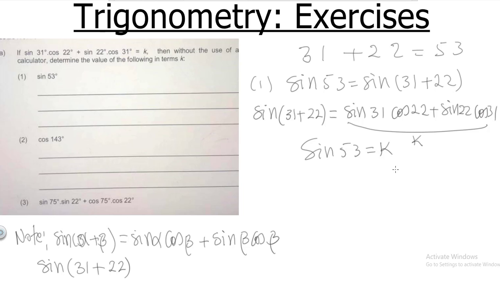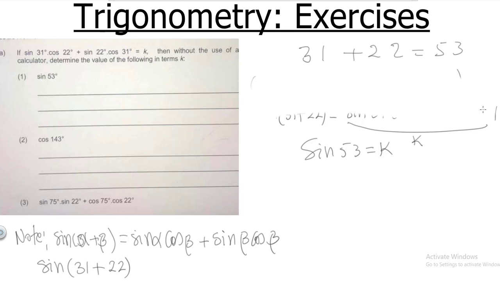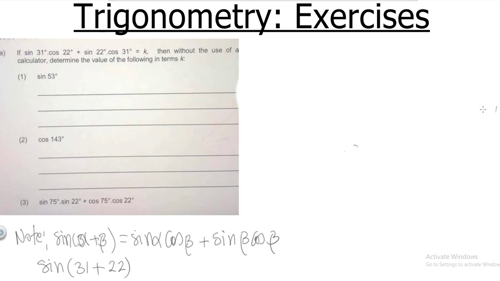You understand it? I will repeat it for you for better understanding. You have sin 53, which is equal to sin(31 plus 22).